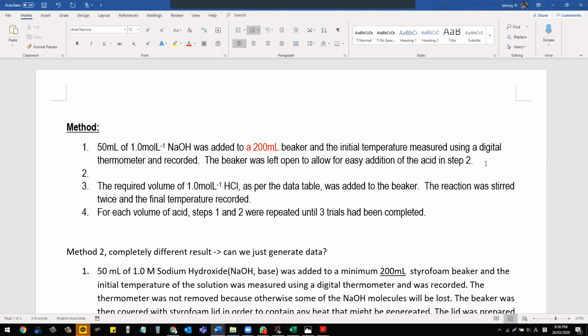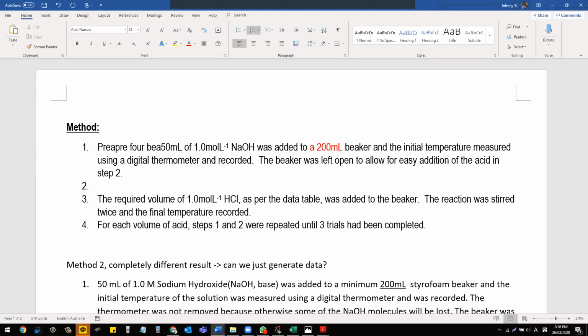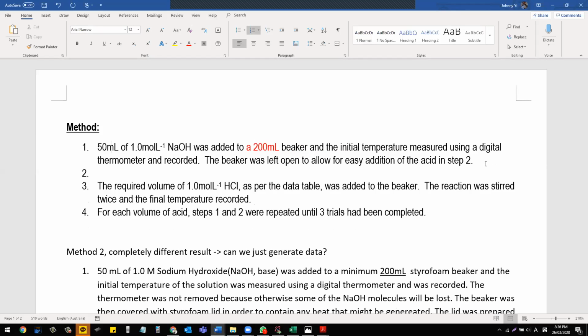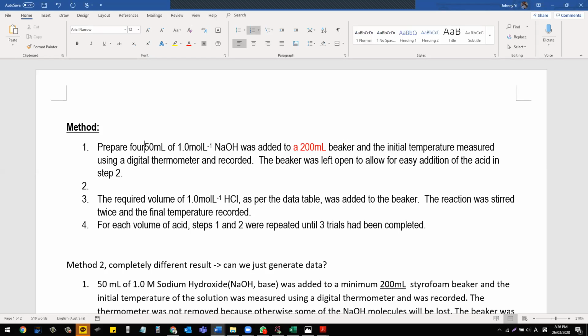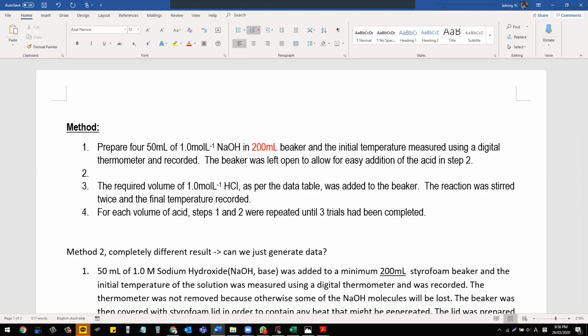So you have to say prepare 4 beakers, prepare 50 mil of this much in 200 ml beakers, in 4. It has to be something like that.